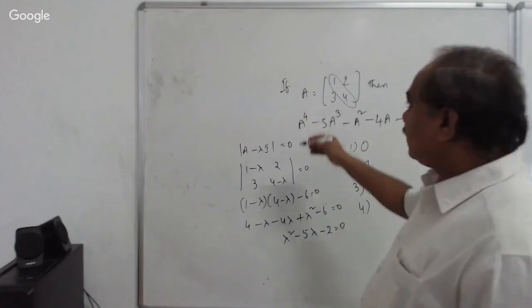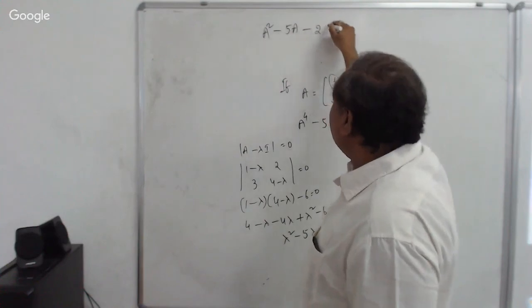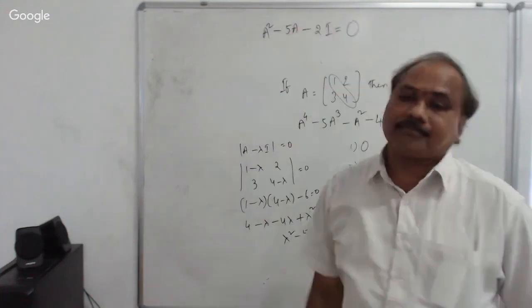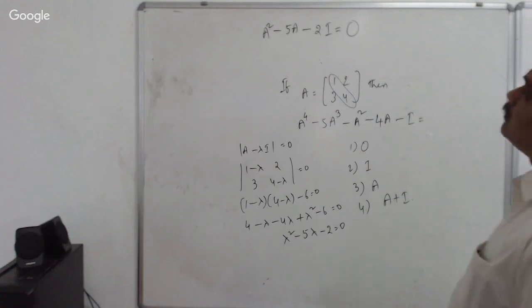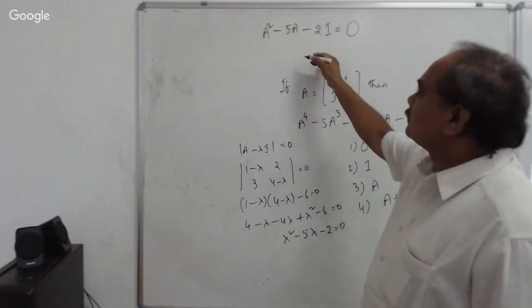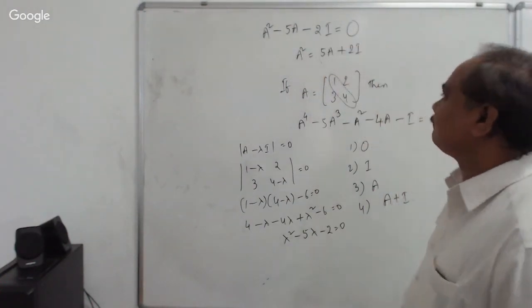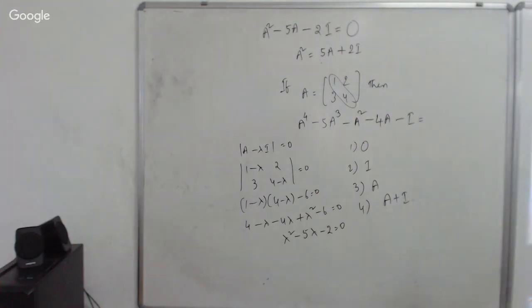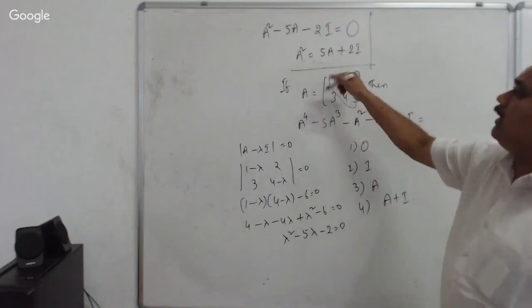Instead of lambda, you can write A. Now it becomes A square minus 5A minus 2I equal to O. Any doubt in this step? Yes. Now here A square equal to 5A plus 2I. Now multiply with A again. Why?